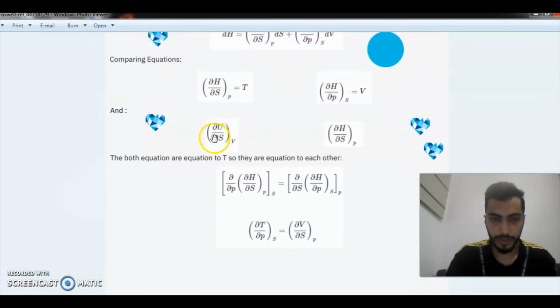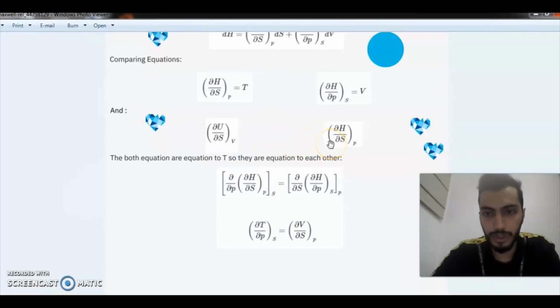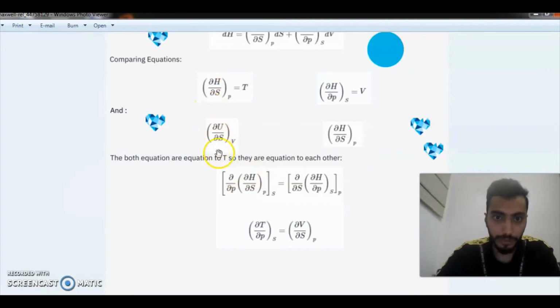And here we find dU over dS at constant V, and dH over dS at constant P. Then we are going to combine both of them in one equation.